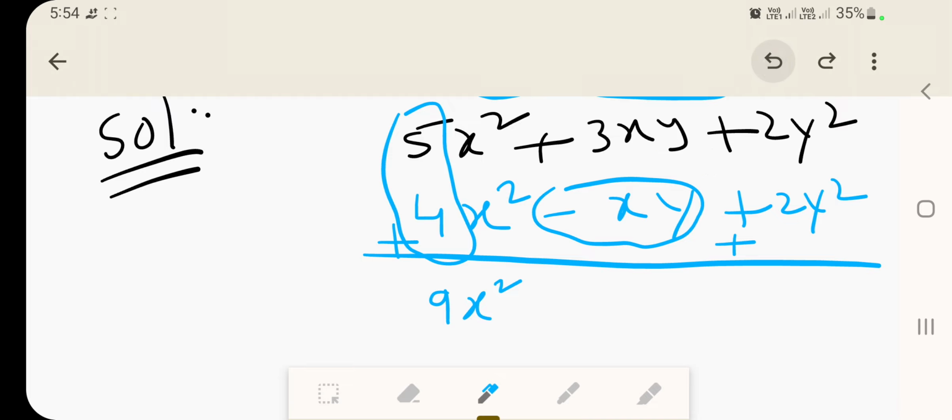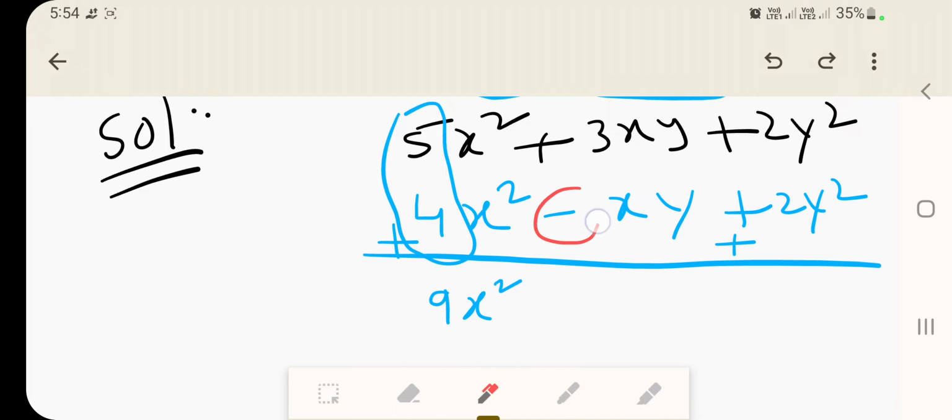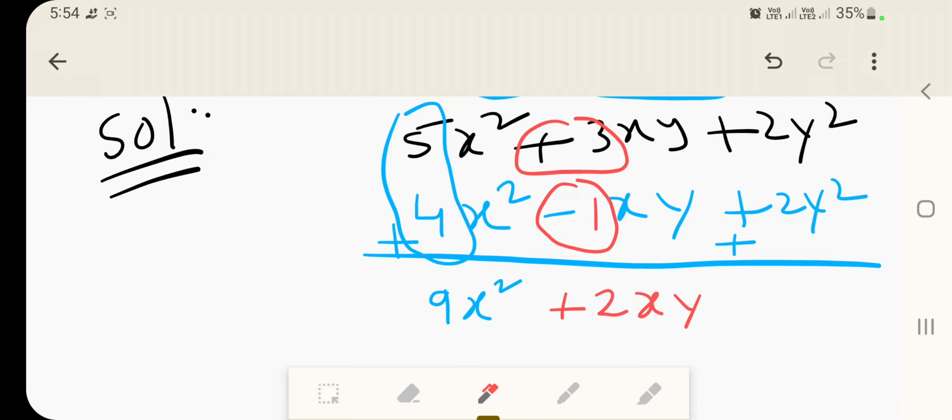In front of xy we have minus, which is nothing but 1. So plus 3 and minus 1, we get plus 2. Xy we write as it is.